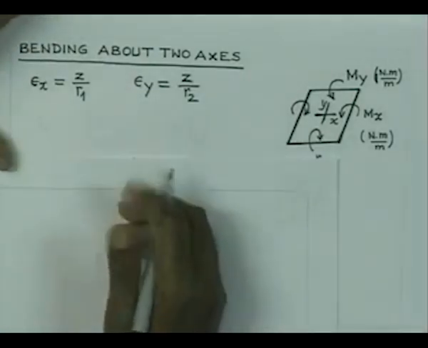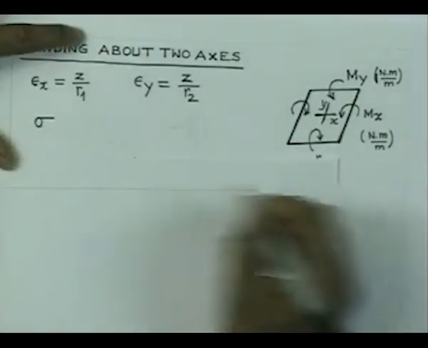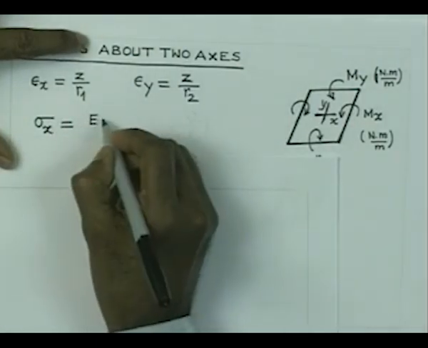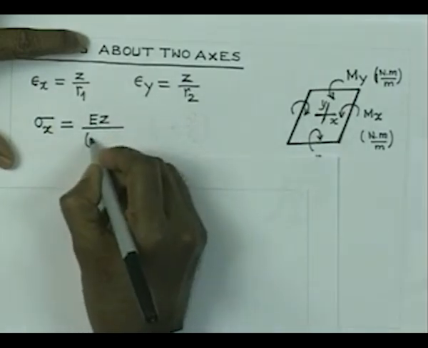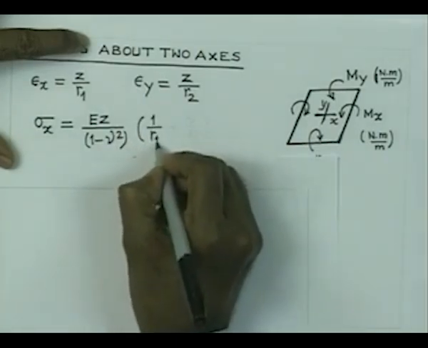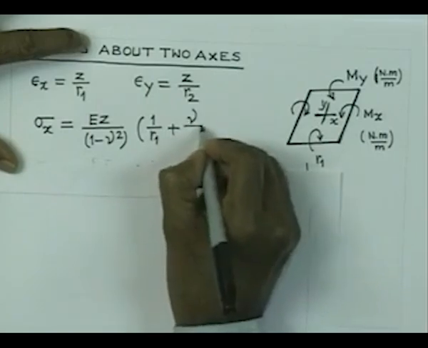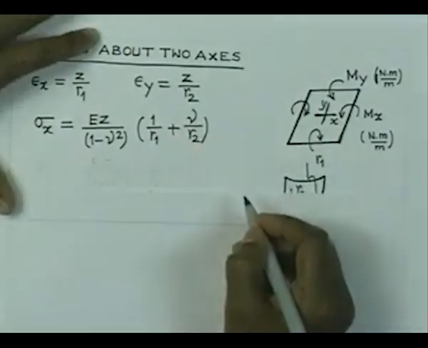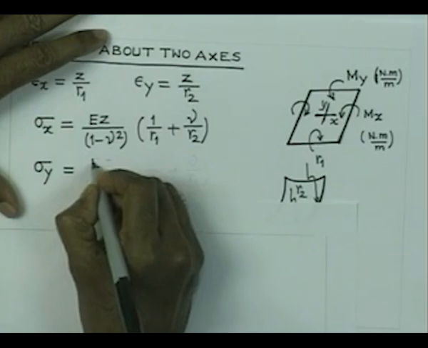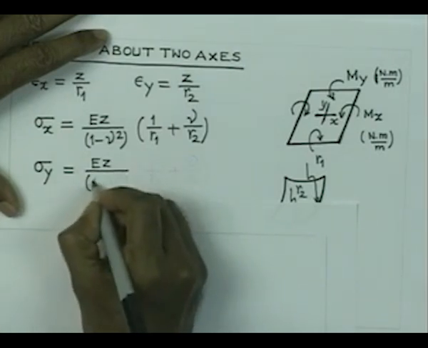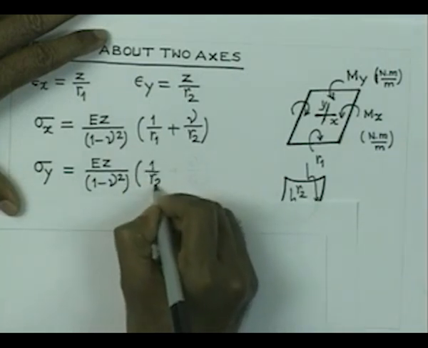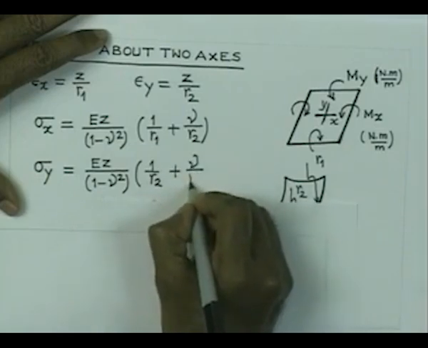And hence we can now write, it is a plane stress problem, and therefore sigma x is equal to E z by 1 minus nu square into 1 by R1 plus nu by R2, and similarly sigma y is equal to E z by 1 minus nu square into 1 by R2 plus nu by R1.